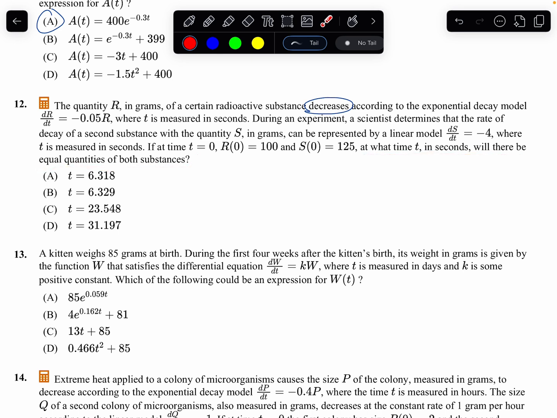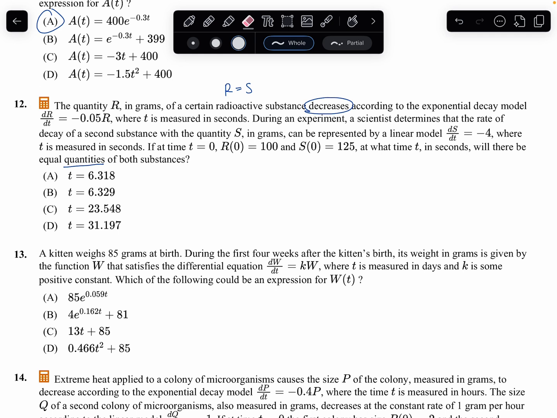Okay, so let's see here. At what time will quantities, so that means R and S. When will R be equal to S, I think is what it's saying, which is probably why it's a calculator question. You're trying to figure out where R and S are going to be equal to each other.